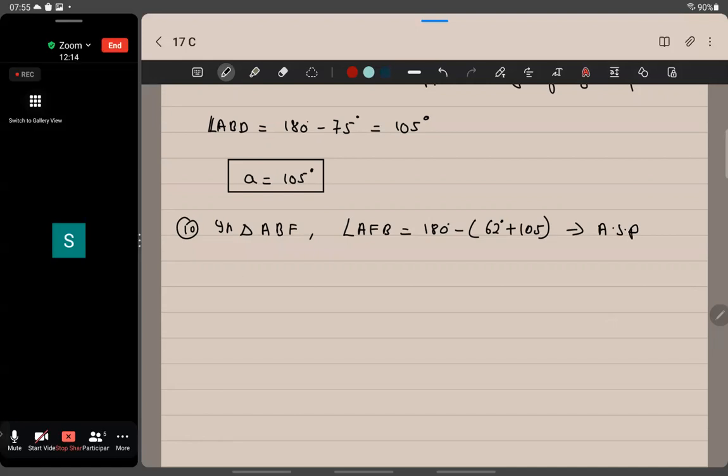So angle AFB is equal to 180 degrees minus 167, that will be equal to 13 degrees, right? And AFB is my angle B.